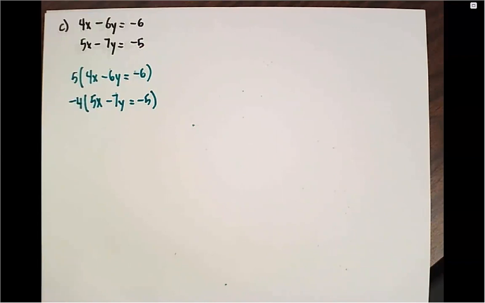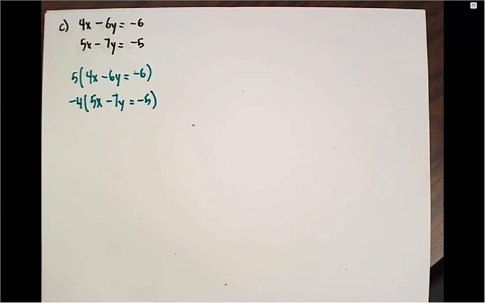I could have multiplied the top one by negative 5 and the bottom one by positive 4. Same difference. Or if I wanted to get rid of the y's, I could multiply the top one by 7 and the bottom one by negative 6. Or the top one by negative 7 and the bottom one by positive 6. It's up to you.